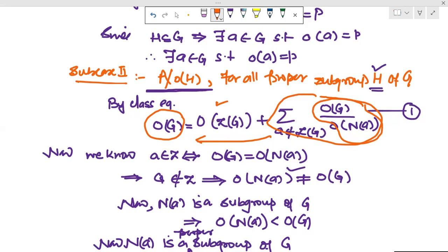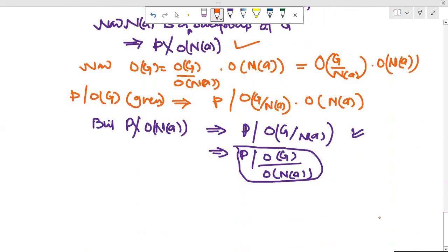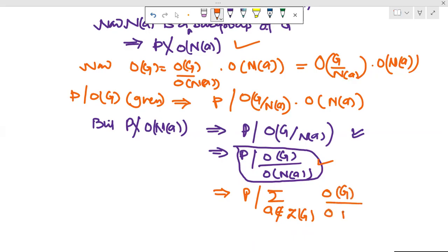Let me write this. Now this says that P divides the summation over A not belonging to Z(G), because this is holding for all A not belonging to Z(G) also, of order of G divided by order of N(A).